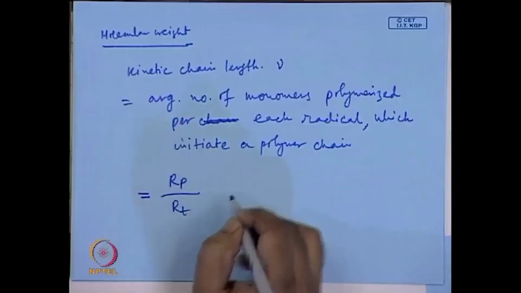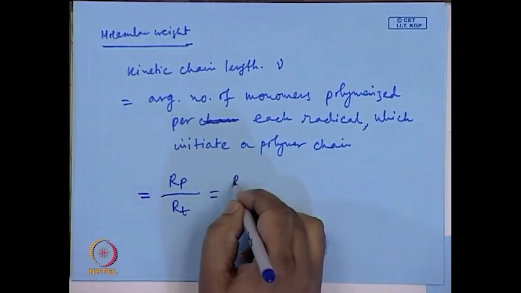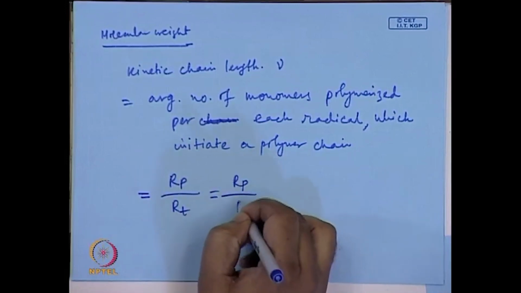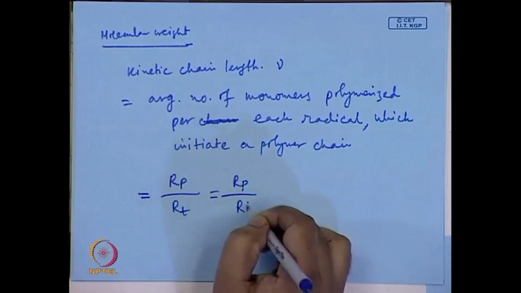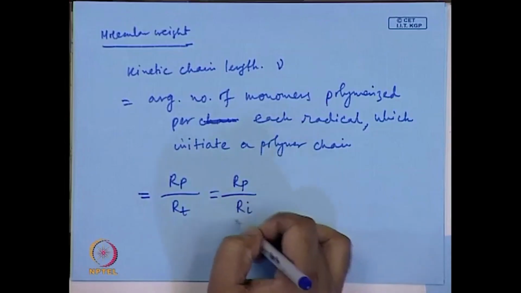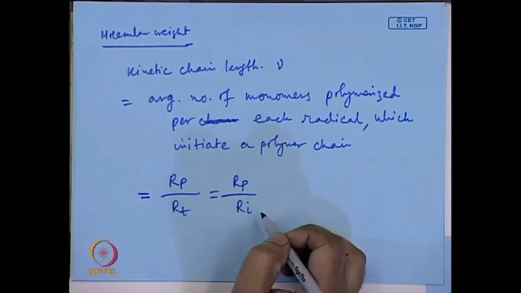So, this is the average number of monomers polymerized per radical which initiates a polymer chain. In simple terms, it is the rate of polymerization divided by the rate of termination, or, with the steady state assumption, the same as the rate of initiation.